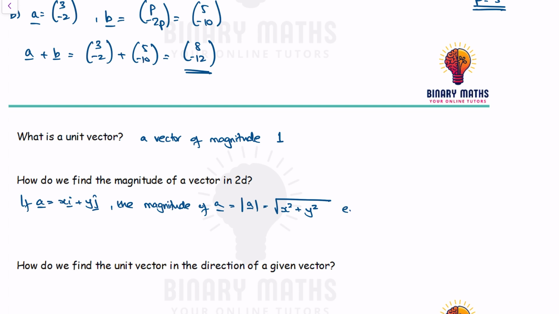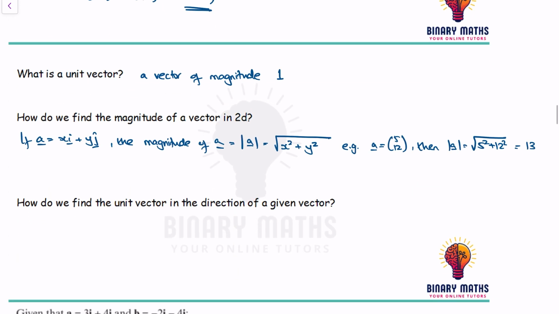So e.g., if you have A is equal to (5, 12), then the magnitude of A is equal to the square root of 5 squared plus 12 squared, which is equal to 13.